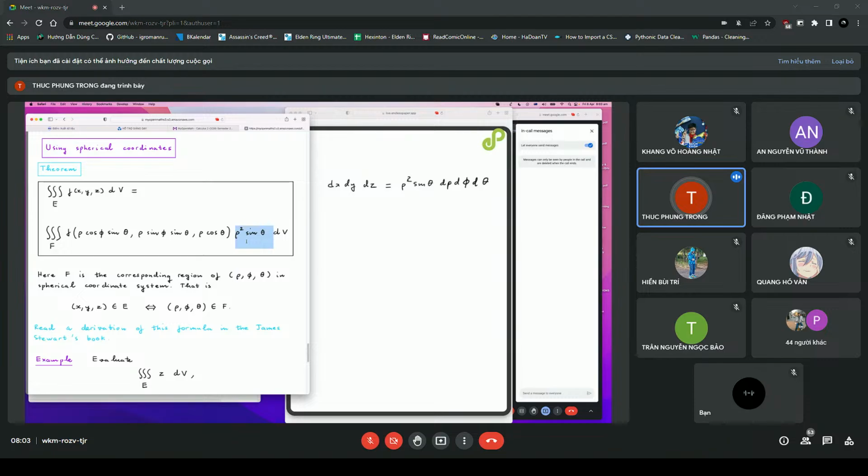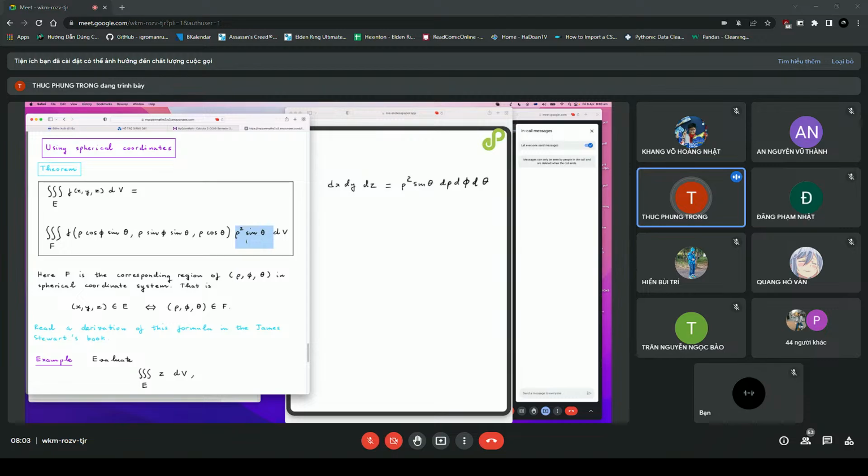So this is the Jacobian in the change from Cartesian to spherical coordinates.